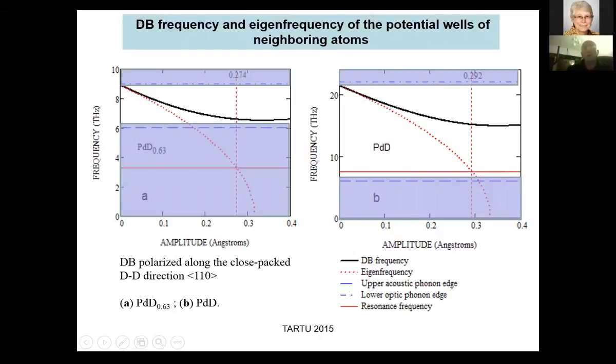Not going into details, it's possible to construct the picture of the density of states of the vibration modes of this crystal, which actually can make what we call the parametric resonance, when the frequency of the oscillation of the potential well equals the cell frequency multiplied by 2.